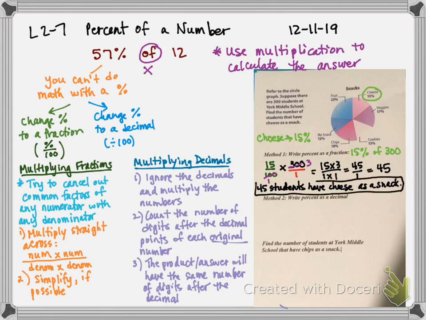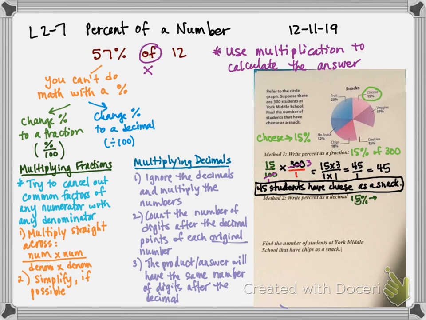Now, let's solve that same exact problem. How many students are going to have cheese as a snack? We already know what the answer is, right? But this time, let's do it as a decimal. So we're going to take that 15% and turn it into a decimal.